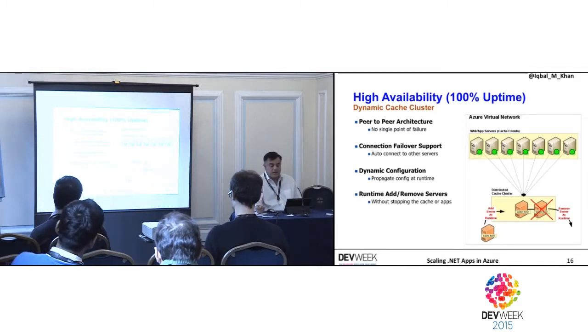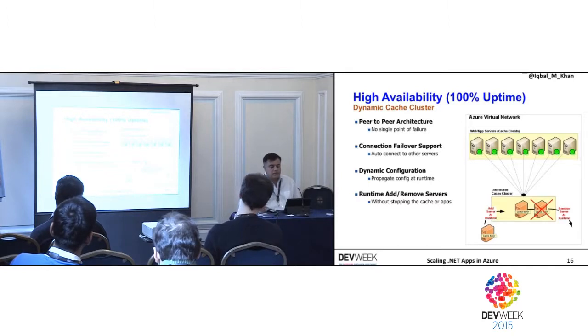It achieves it by being dynamic in nature. If it has a peer-to-peer cluster, it's dynamic. If it's a master-slave type of cluster, it's not dynamic, because in master-slave, if the master goes down, you're hosed. Everything either stops working or becomes read-only, or whatever.